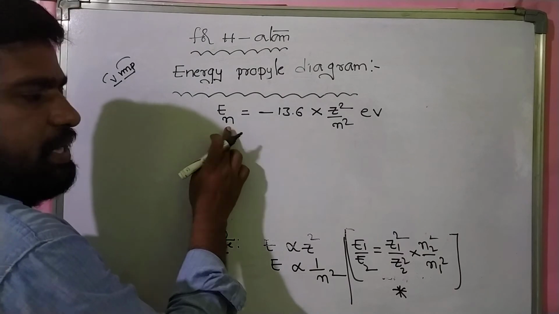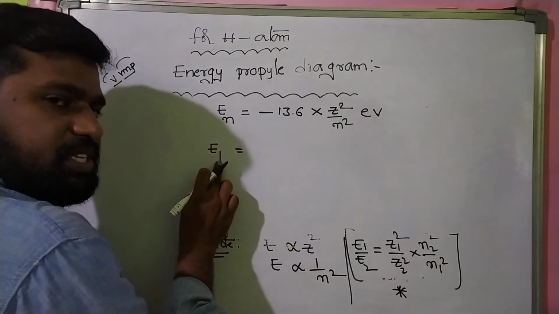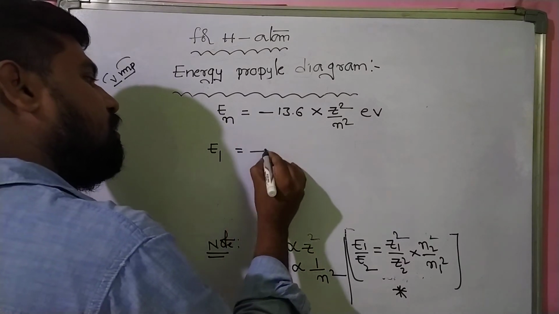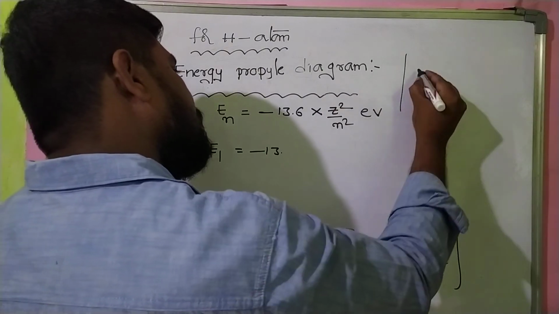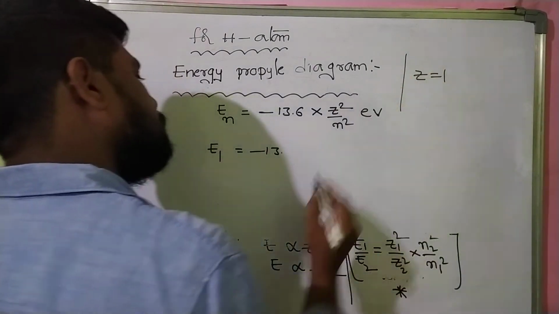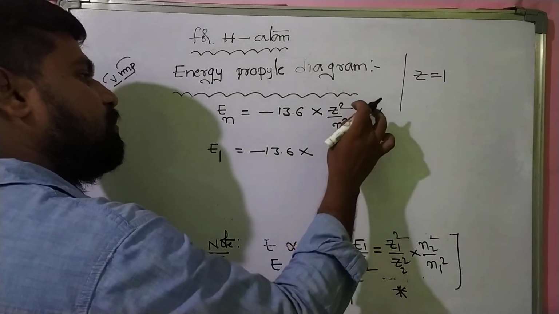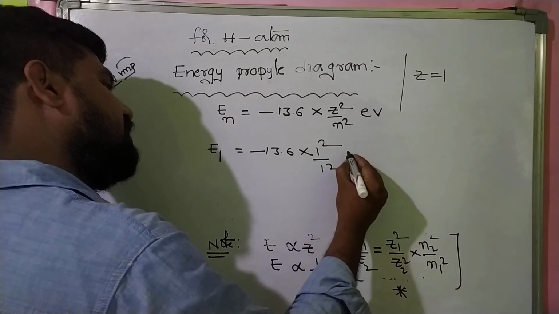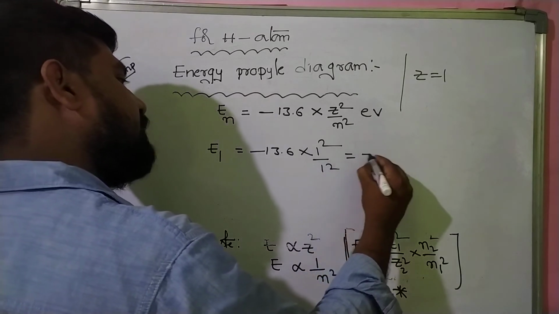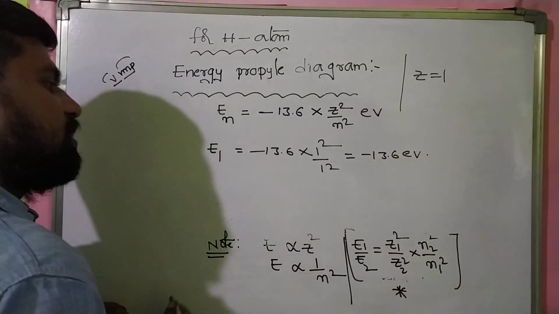n means any orbit. Now E1 means energy of electron in first orbit. E1 equals minus 13.6 for hydrogen atom, Z equal to 1, so 13.6 into 1 square by 1 square, that equals minus 13.6 electron volts.